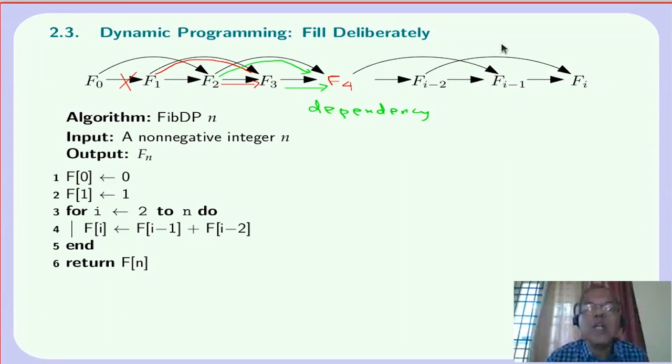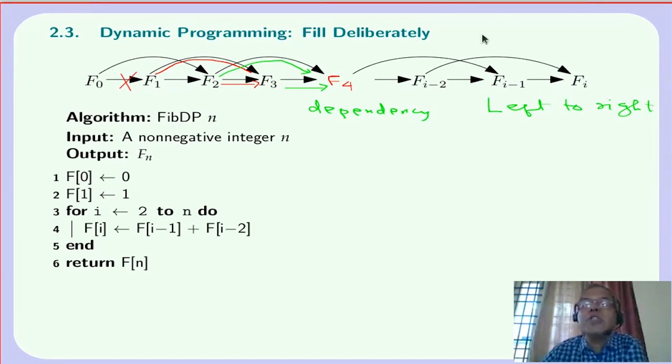So what does this graph show? The graph shows the dependency among the subproblems. And you will note that all the edges in this dependency graph are only from left to right. There is no arrow in the opposite direction, right to left.